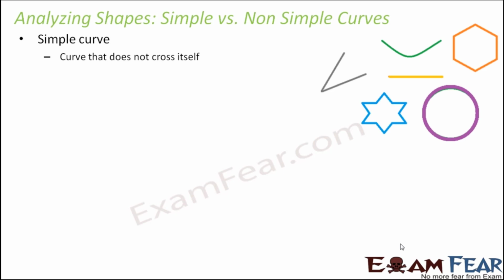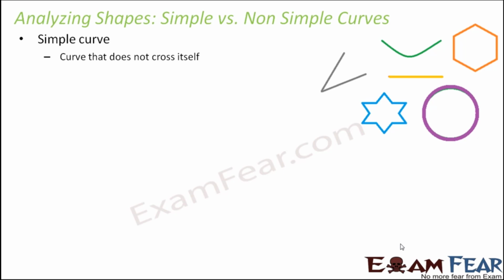When we talk about simple and non-simple curves, they are independent of open and closed curves. A simple curve can be an open curve, it can also be a closed curve. So you can have a simple open curve, you can also have a simple closed curve.